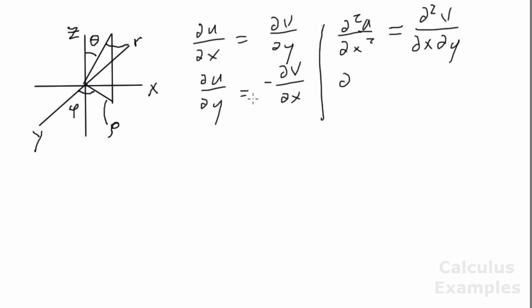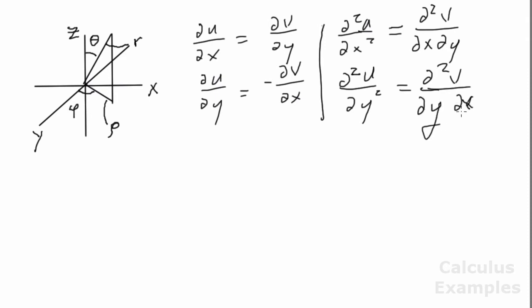And for the second equation, we're going to take the derivative with respect to y. So we get the second partial of u with respect to y is equal to the second partial of v with respect to x, then y. And there's a negative here that we seem to forget. There's a negative there. So remember that.